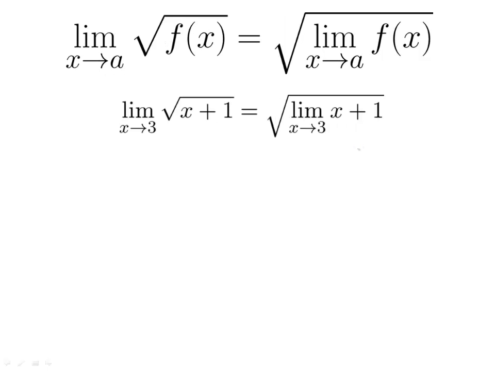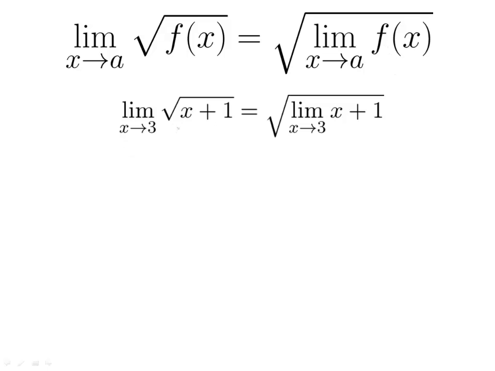And in the same manner, for the limit as x approaches a of square root of x, we can just take the limit of that function and then take the square root.